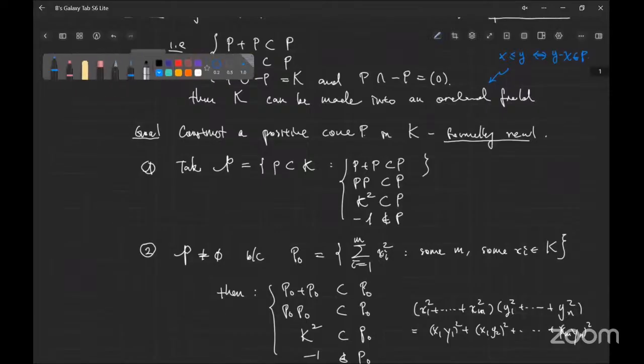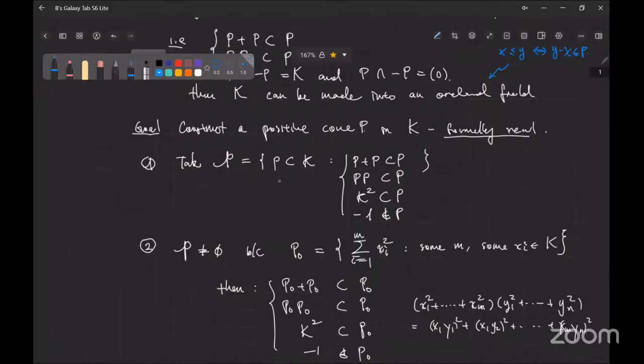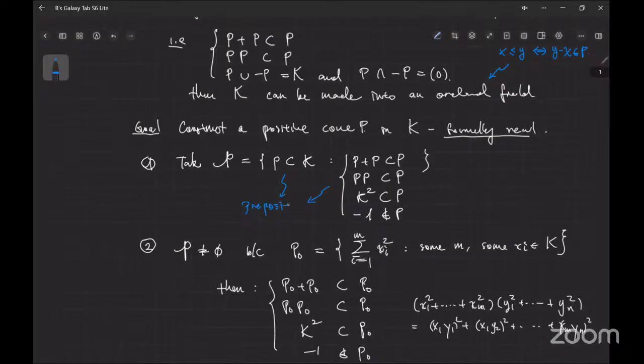So these may be called pre-positive cones, satisfying these conditions. But just details.